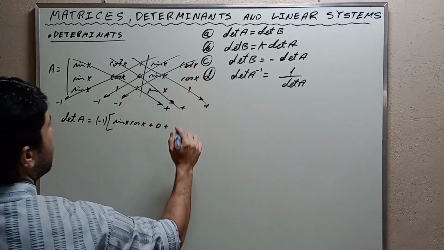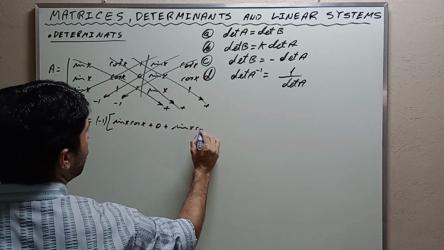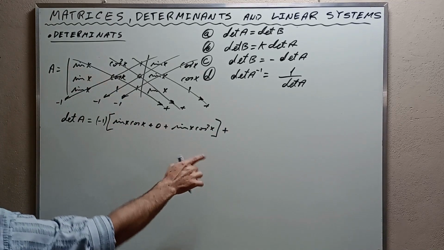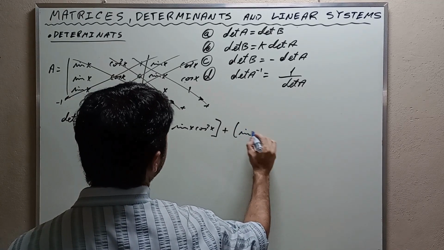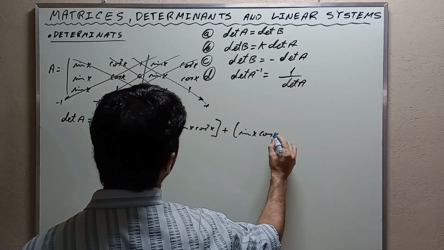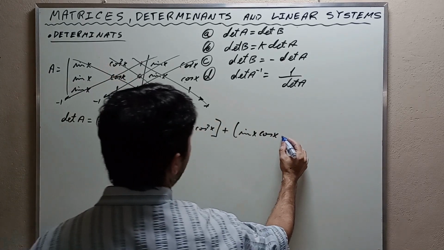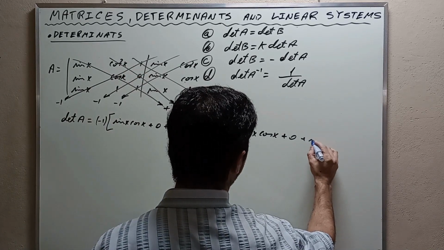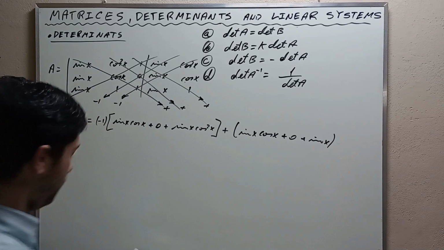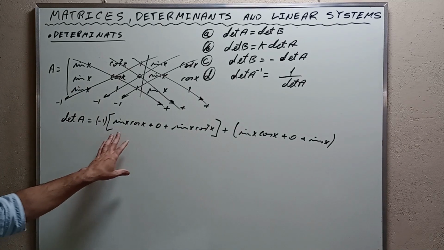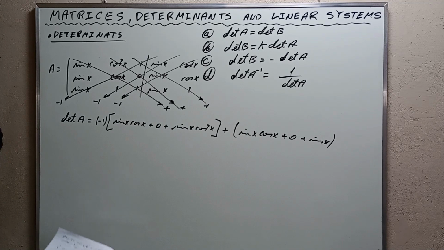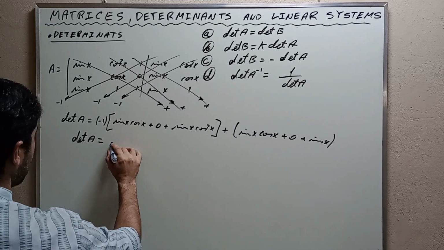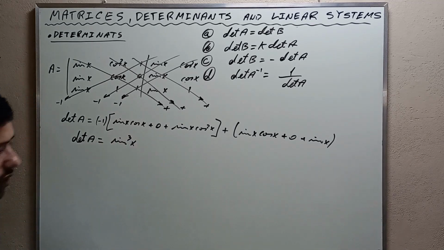This here is sin x cosine squared of x plus, now this product here, sin x cosine x. This one here is 0 because we have a 0 here, and this is sin x. If we carry out, okay, I'm gonna let you try. If we carry out, we find that the determinant of matrix A is sin x cubed.